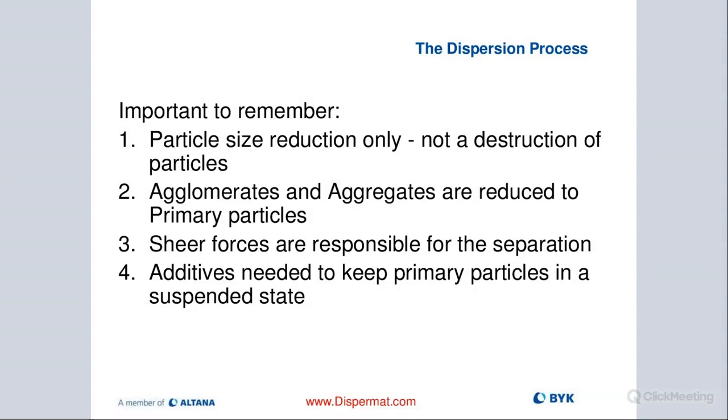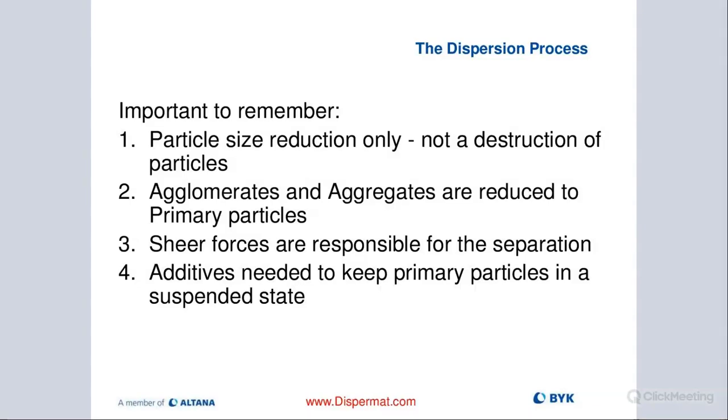And these agglomerates, these larger particle clusters, are turned into aggregates, and then we like to reduce them further to primary particles when that actually happens during the milling process, which we covered a few weeks ago. And then again, it's only the shear forces that are responsible for that separation and nothing else.